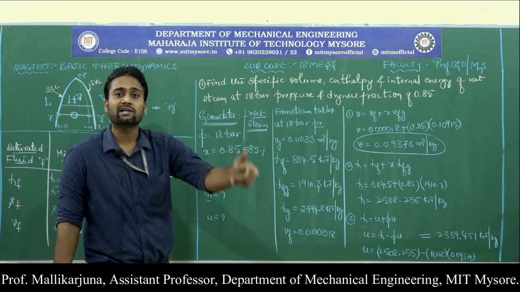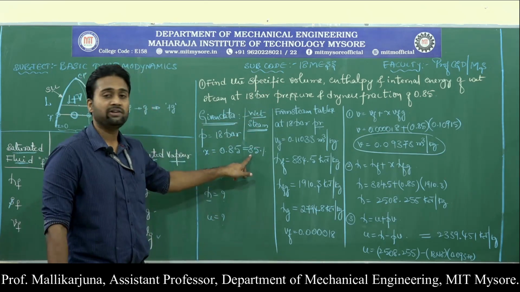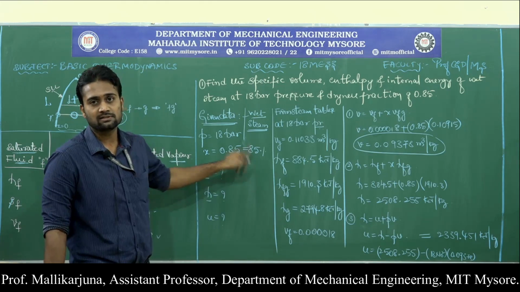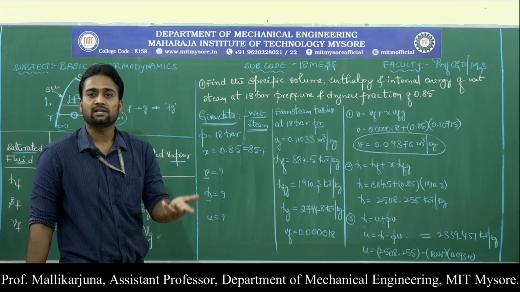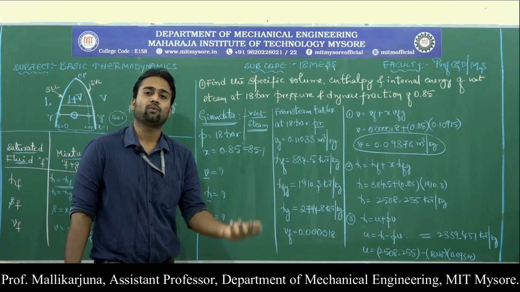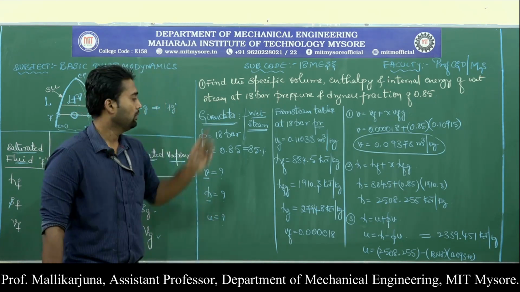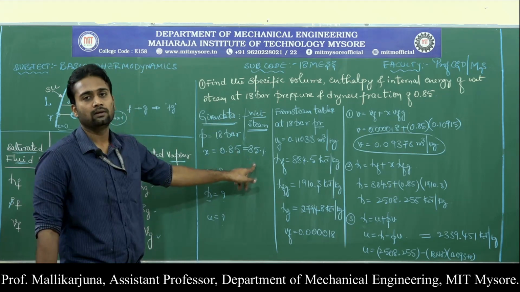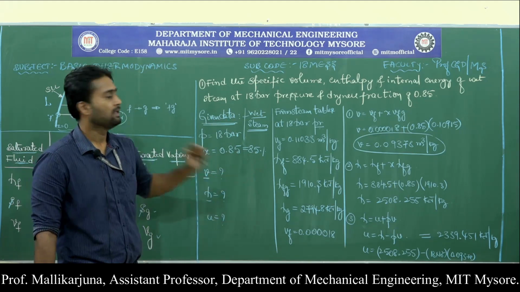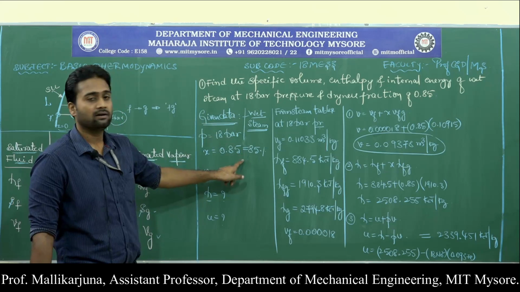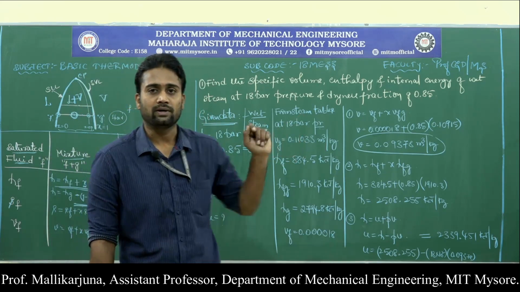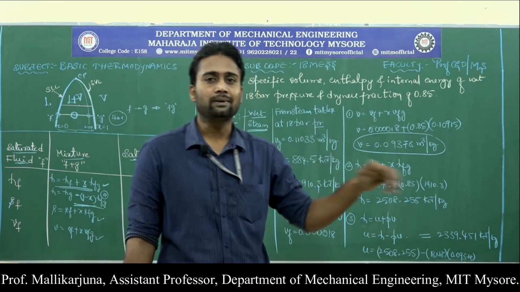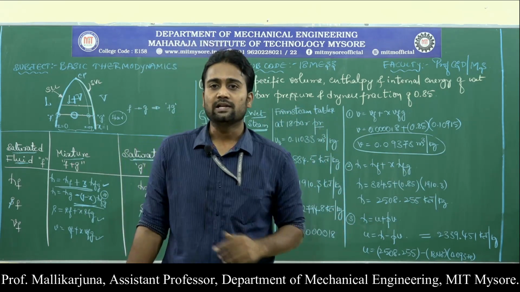How much wetness is present? Already 85% is dry, so the remaining 15% is wet. So, what is the wetness fraction? It is 0.15 or 15%. What is the dryness fraction? It is 85%. Pressure is given and dryness fraction is given. So, now we need to look for various properties: specific volume, specific enthalpy as well as internal energy.